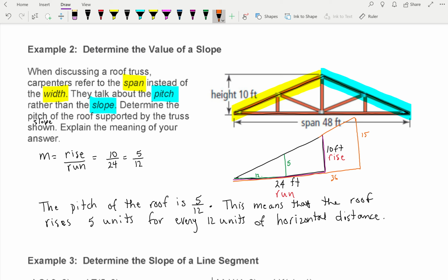And is that true? Is 15 over 36 the same thing as 5 over 12? Yeah, we're going to divide by 3, and we get 5 over 12. So yeah, it's the same slope. All right, so this concludes example number 2.